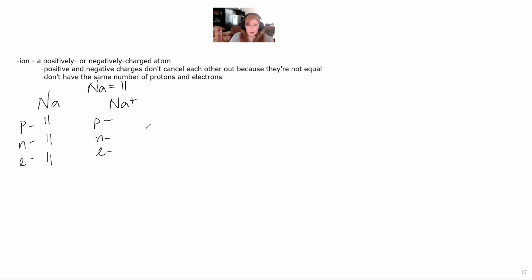Sodium ions still have 11 protons. Why is that? Because all the sodium atoms in the entire universe have 11 protons. That's right. How is it possible to have 11 protons still, but a positive charge?